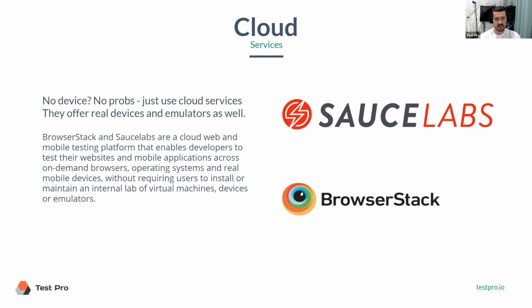The cool thing about these services, you can not only use emulators, but you can actually use real devices connected through internet. So it's a real device that is actually located somewhere. You can actually pick the location of the device as well. And that's why it's much more expensive. I believe it starts from like $120 per month or something, and it can become very expensive.